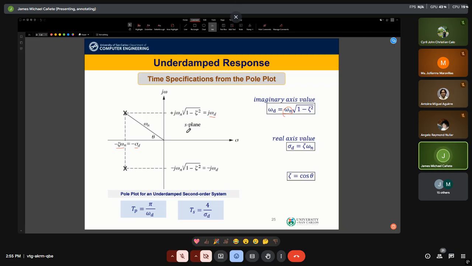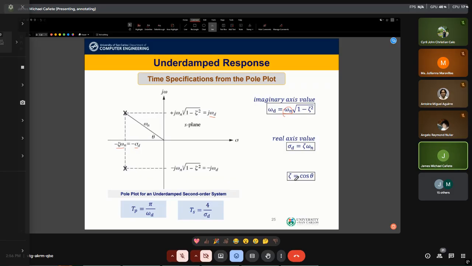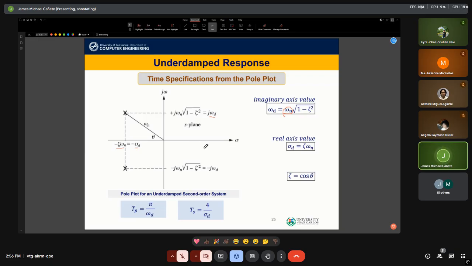So even just from the plot, by knowing these relationships, you can solve for the time specifications. Zeta is easier to solve because remember, zeta is just the ratio of sigma sub d and omega n.